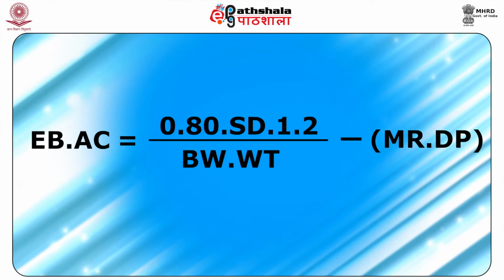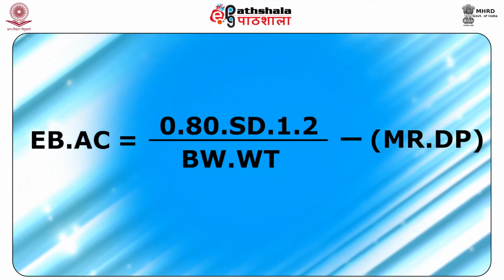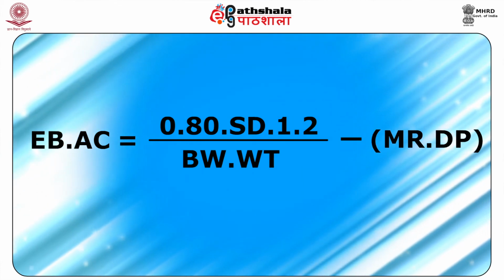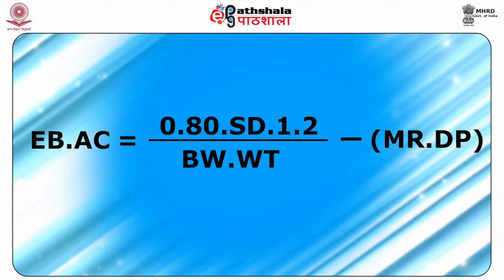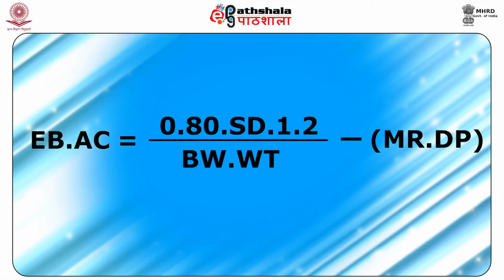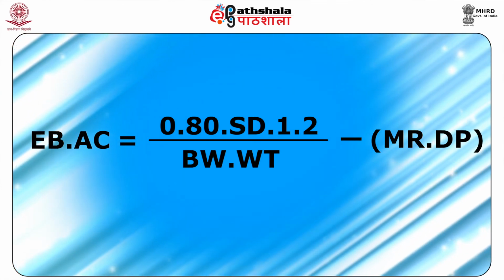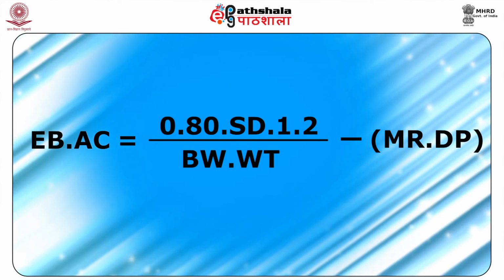of 1.2. This factor is divided by BW, that is body water constant, which is 0.58 for men and 0.49 for women, multiplied by body weight in kgs.